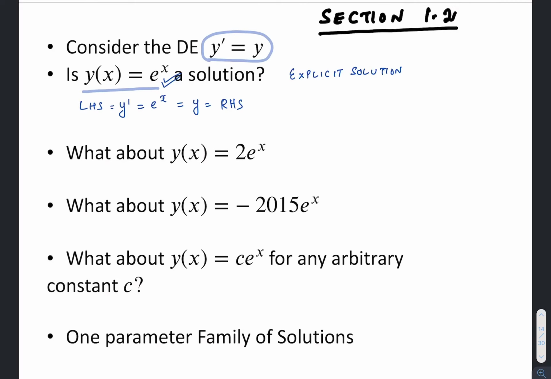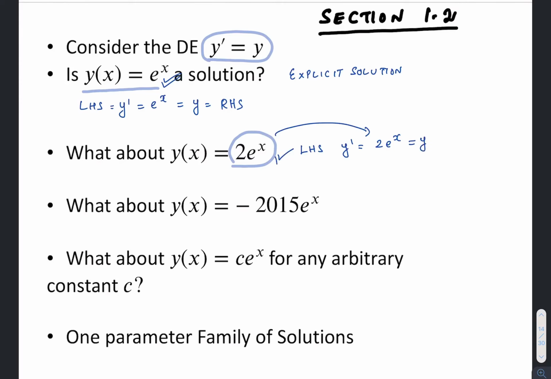The question is, would this be a solution if I'm multiplying by a number 2 here? Let's quickly take a look. Again, this is a differentiable function. The left-hand side is y prime. The derivative of 2e to the x is 2e to the x again, which is the same as y.